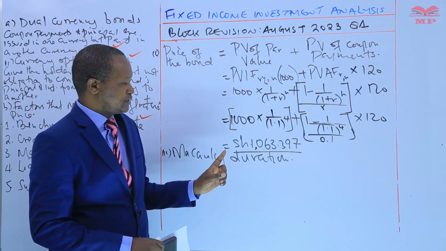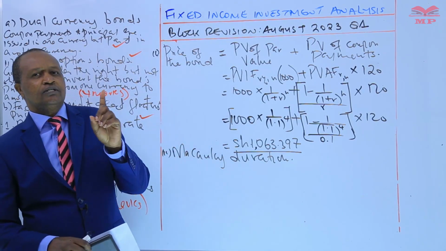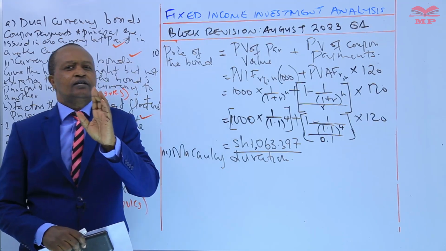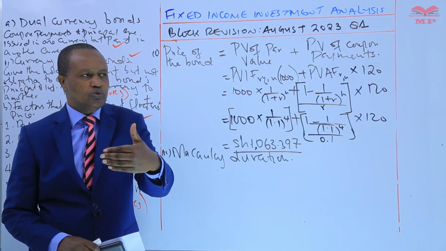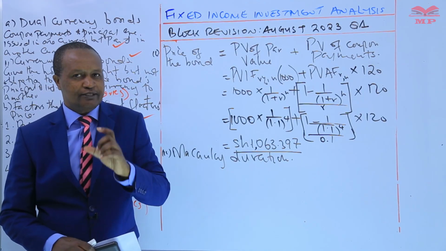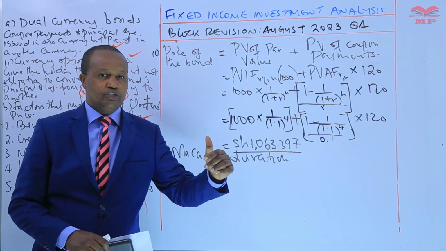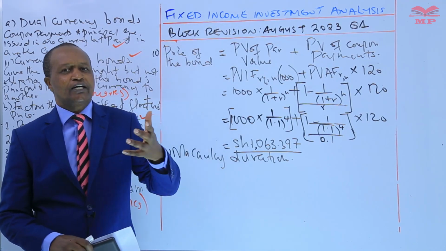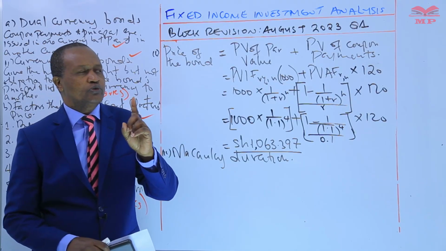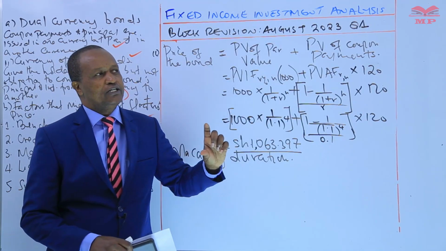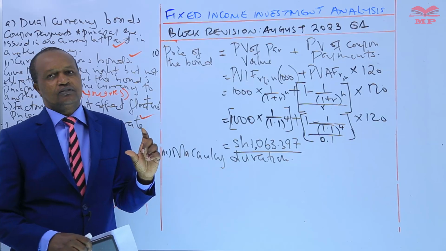In simple terms, it tells you how long you should expect to hold the bond on average to get the money that you invested back plus the interest.